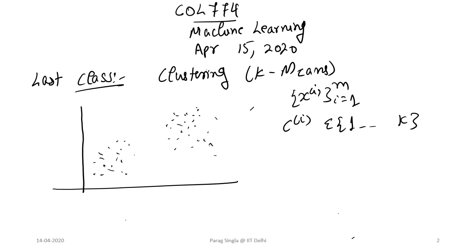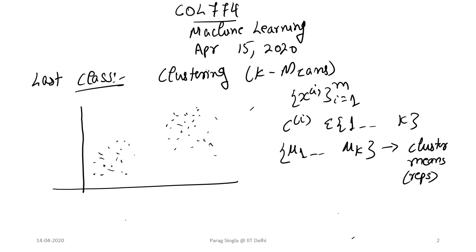And in the process we also computed mu_1 up to mu_k, which represent the cluster means or cluster reps, and each mu_l belongs to R^n. So for example, in this case, this could be your mu_1, and this is your cluster 1, and this could be your mu_2, and this is your cluster 2.